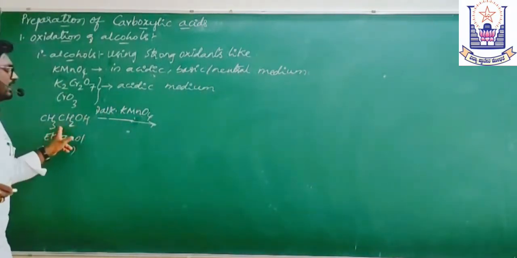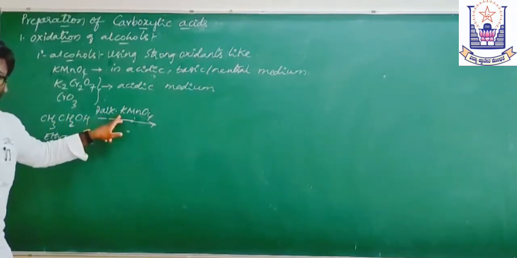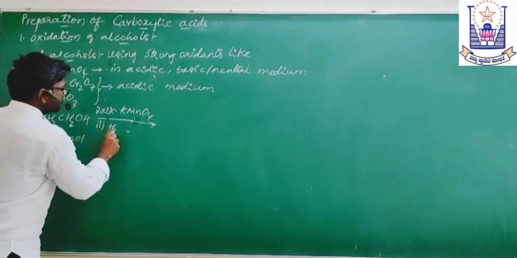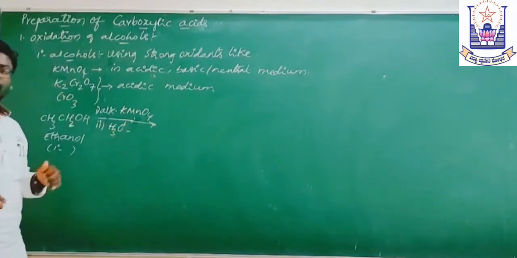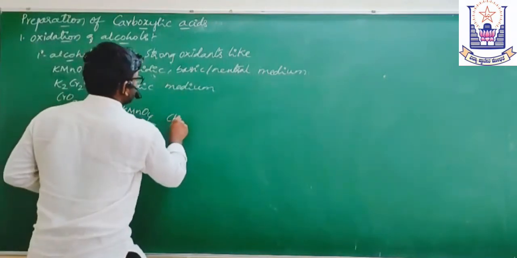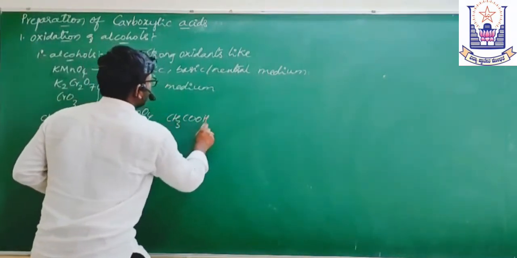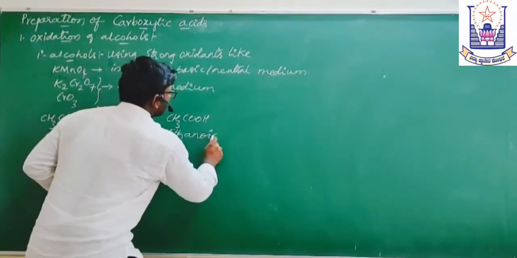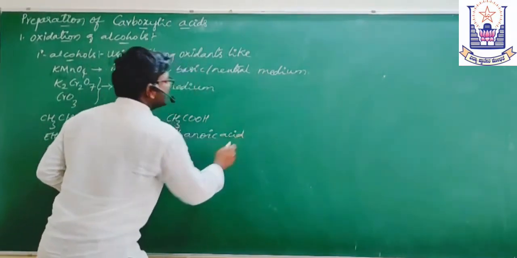First, you treat the ethanol with alkaline KMnO4. You will get a salt, and on hydrolysis you will get the corresponding carboxylic acid, CH3COOH. This is called acetic acid in the common system, and ethanoic acid in the IUPAC system.